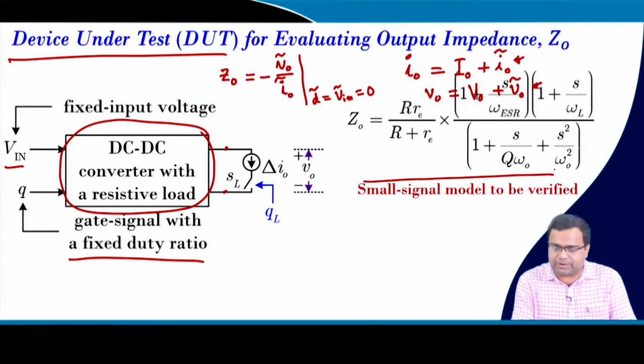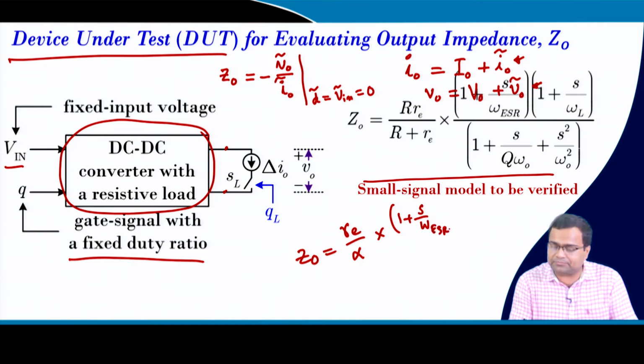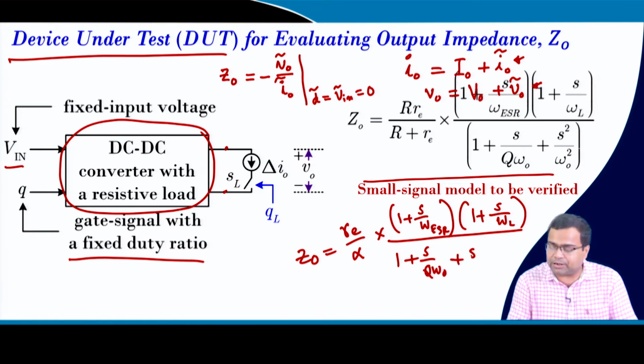So, what was the output impedance? We know that Z0, in more compact form, is alpha times (1 plus s by omega ESR) times (1 plus s by omega L), and the whole thing divided by 1 plus s by Q omega 0 plus s square by omega 0 square.